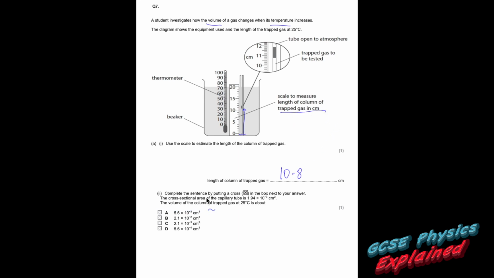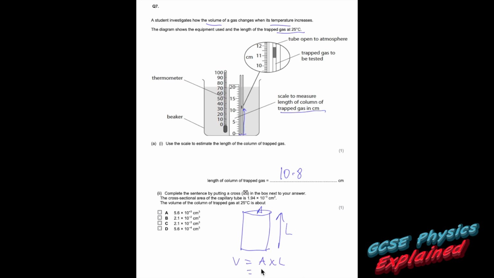Part 2. Complete the sentence by putting a cross in the box next to your answer. The cross-sectional area of the capillary tube is that many centimetres squared. The volume of the column of trapped gas at 25 degrees C is about... Right, so everything was at 25 degrees C. So to get the volume, you do the length times by the cross-sectional area.